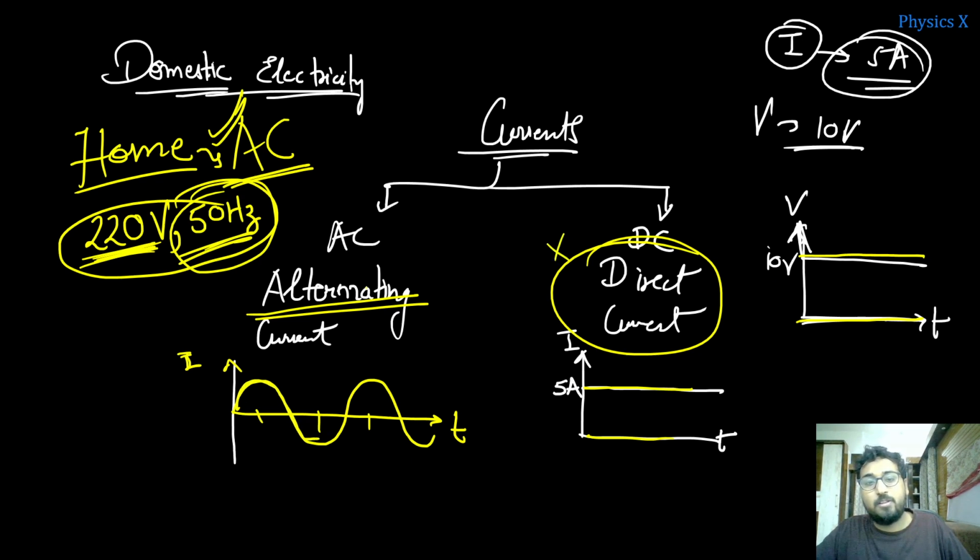It is not constant. This is alternating current. Alternating means it is changing with respect to time. This is the kind of current we receive in our homes. We are not receiving a constant current.